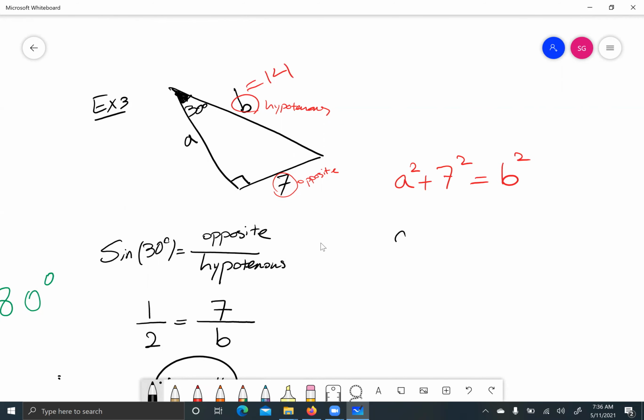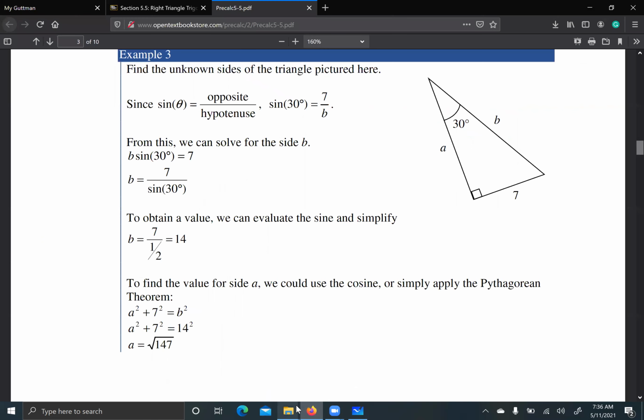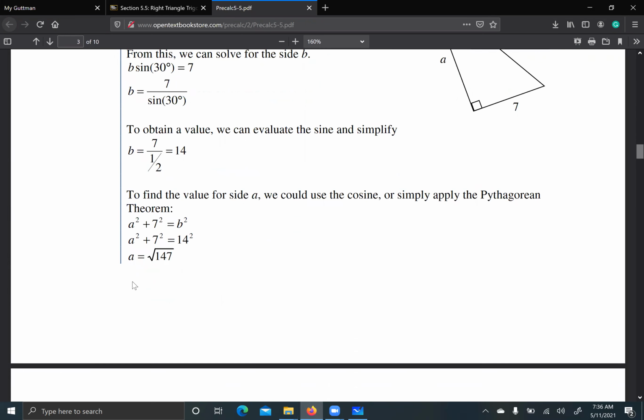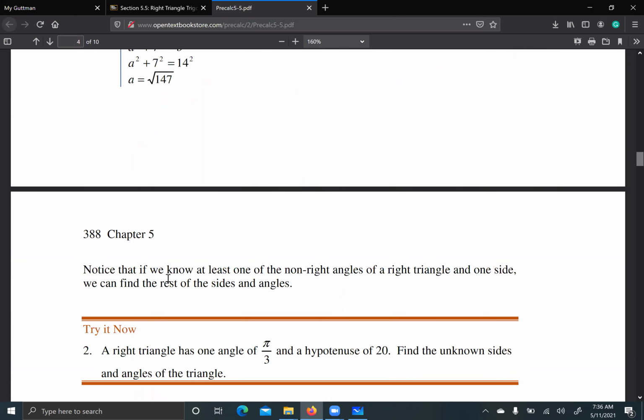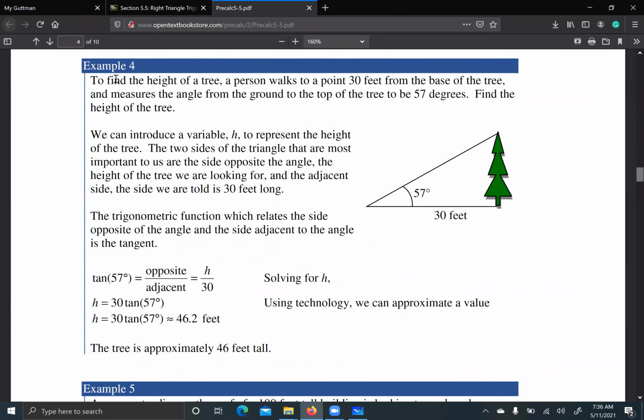So A squared plus 49 equals B squared, and B is 14, so 14 squared. Then solve for A. You can use a calculator to do the calculation. A is going to be the square root of 174.